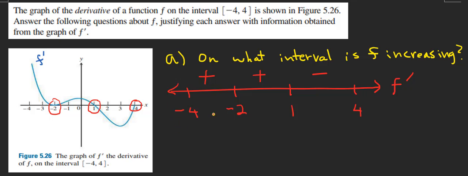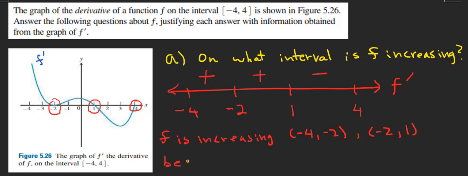So therefore, we can conclude that f is increasing from -4 to -2 and -2 to 1 because f prime is positive on those intervals.